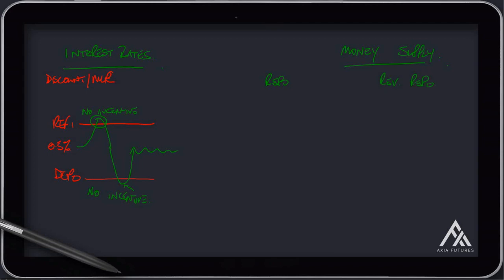Now, the key thing to remember here is one serves to create money, whilst the other serves to destroy money, thereby managing the supply of money in the economy. So how does this work? What happens in a repo? The central bank prints money.